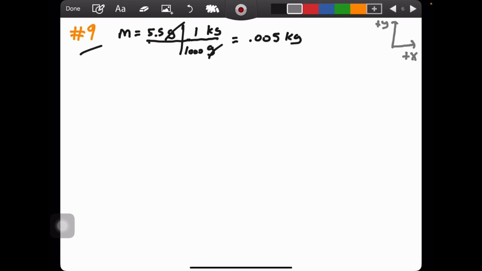So we are told that y initial, this is at the bridge height, is equal to 25 meters. And we are going to let the surface of the water below, which we will call y final, be equal to 0 meters, which is another way of saying that the height is 25 minus 0. H equals 25 meters.